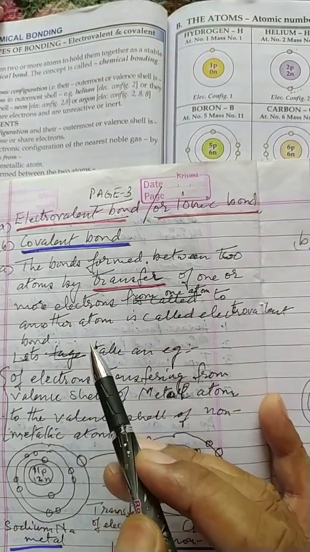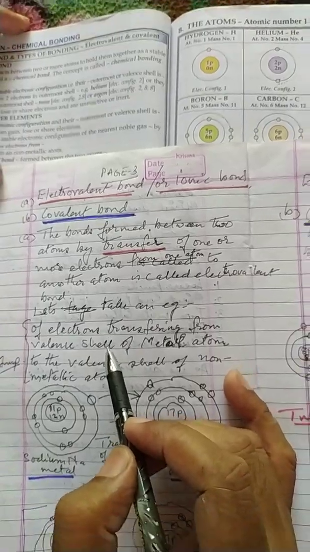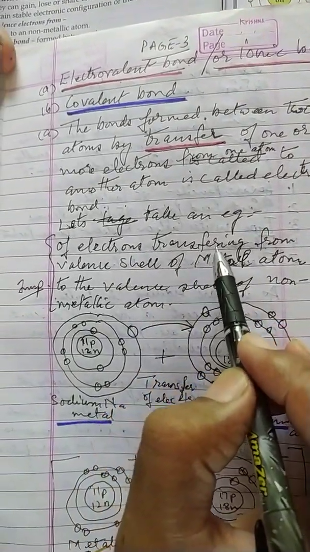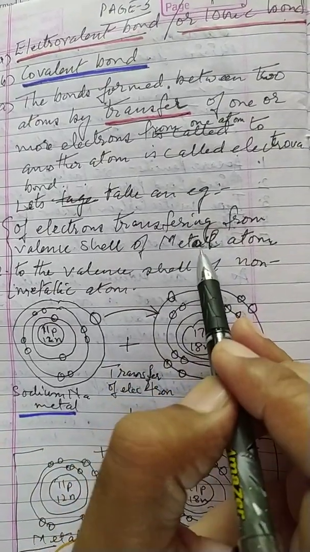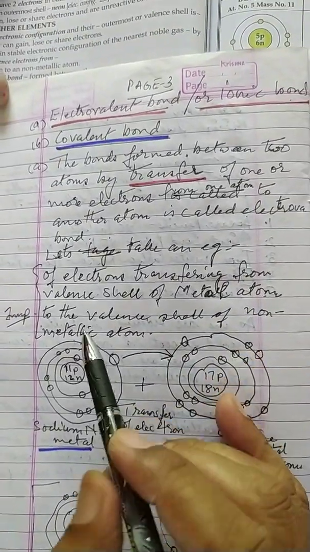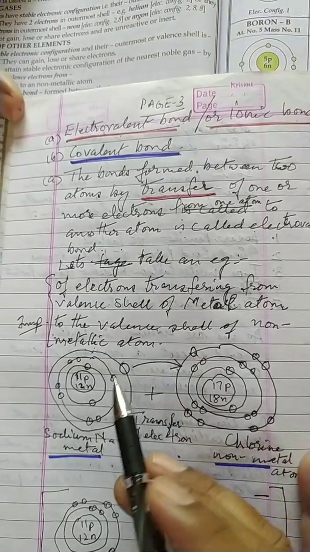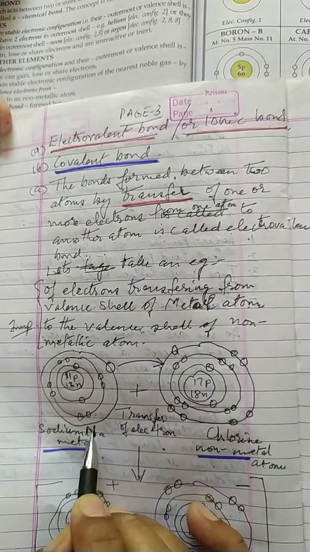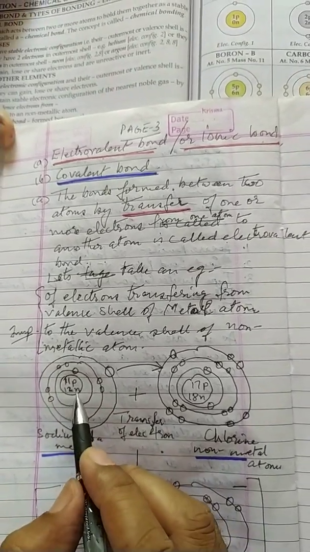Or we can say, when we take an example here, that it is the transfer of electrons from the valence shell of a metal atom to the valence shell of a non-metallic atom. Now here let us take the example of sodium. You see children, this is a sodium atom here, and sodium is a metal.